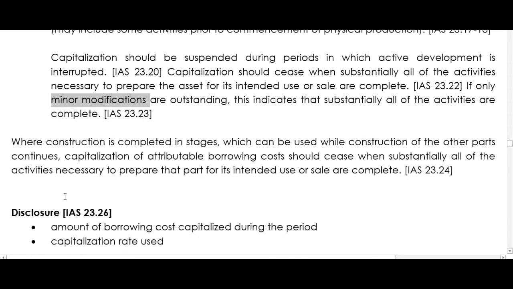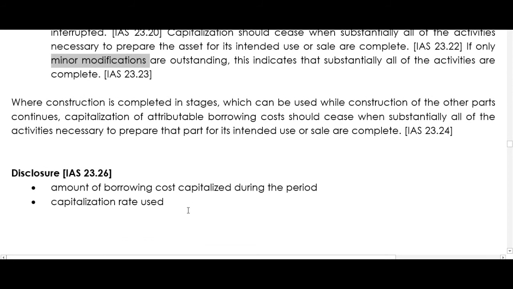Next, another consideration: where construction is completed in stages, which can be used while construction of the other parts continues, capitalization of attributable borrowing cost should cease when substantially all of the activities necessary to prepare that part for its intended use or sale are complete. What does this mean? You can identify when one portion or aspect of preparing the asset is complete. Since you know the milestones relating to the production of that asset, if you incurred borrowing cost for a particular stage and you know that stage is finished, then the borrowing cost relating to that stage you will no longer capitalize, because it is complete. That's all that means.